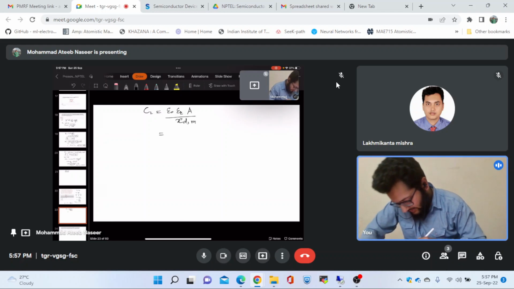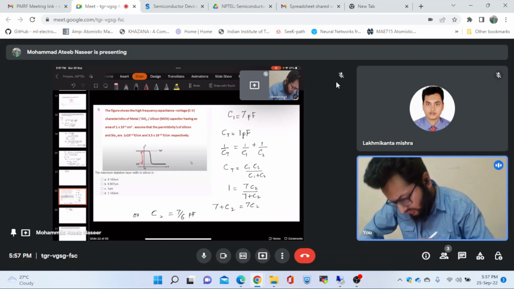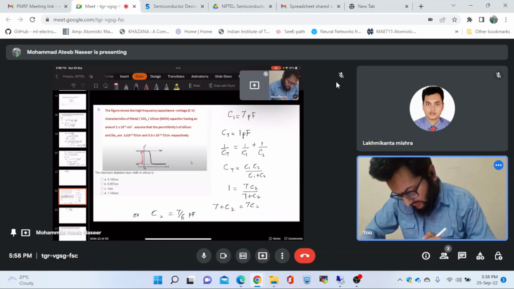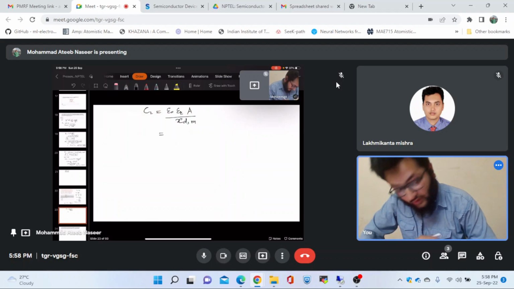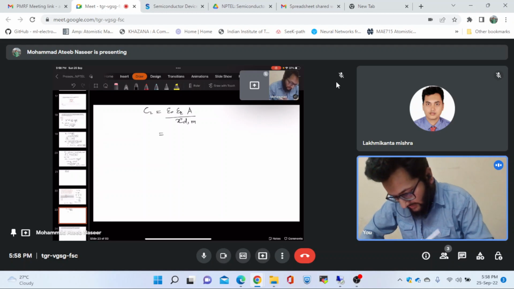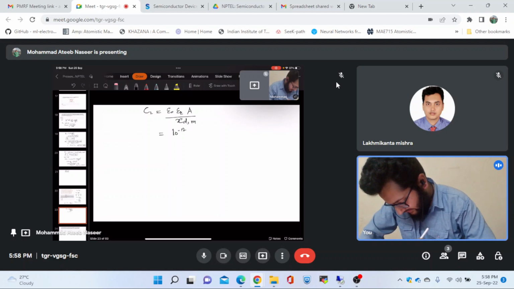We have been given the area and the relative permittivities of silicon and SiO2. We have to take silicon as the semiconductor, because the depletion region will be formed in this semiconductor, so we take the semiconductor permittivity.